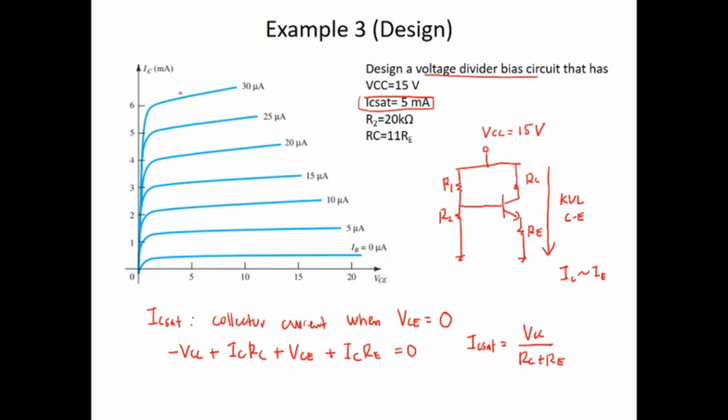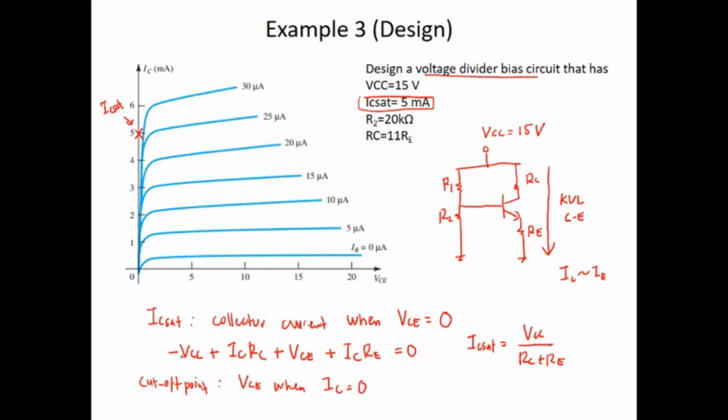In terms of the graph here, IC saturation is the collector current when VCE is equal to 0. So this is the maximum point, the IC saturation. And because VCC is given, we can plot the cutoff point, which is the VCE when IC is equal to 0.